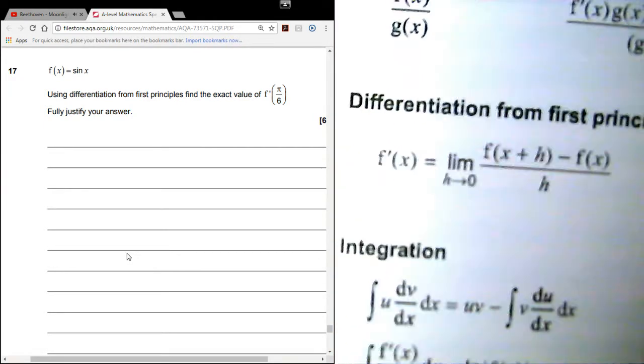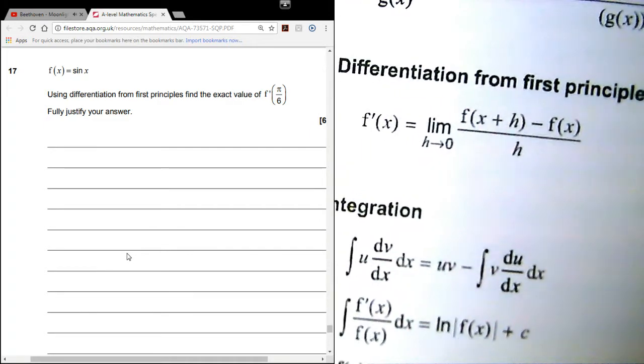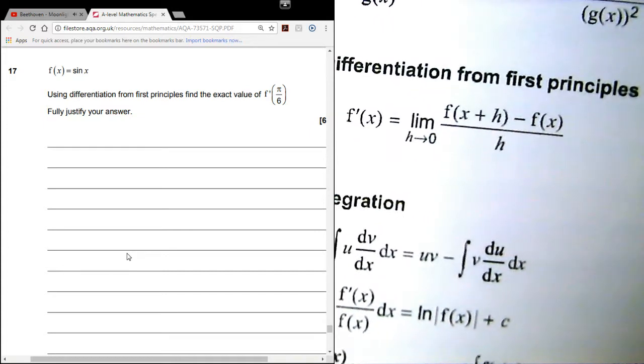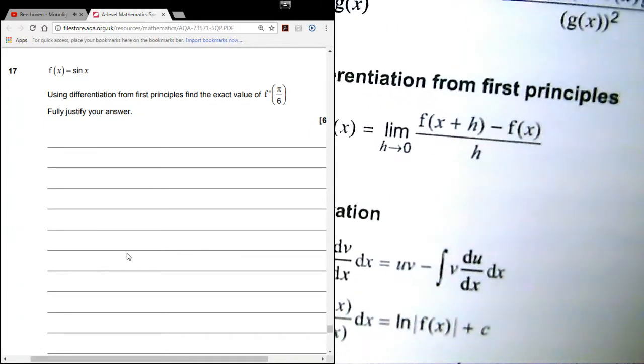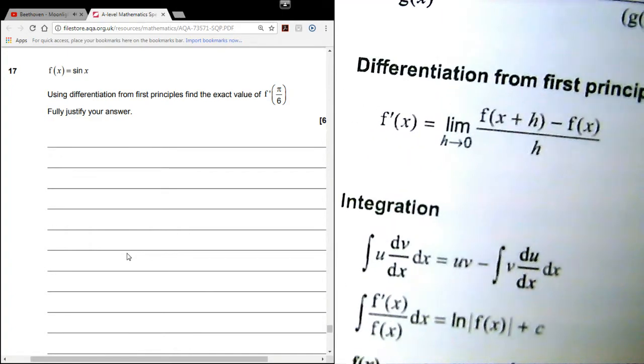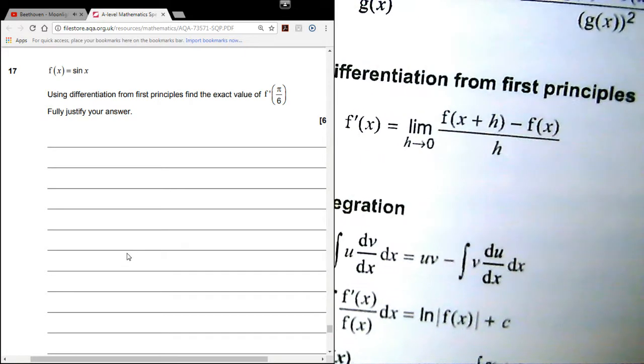Did you see that? It says f prime of x from first principle is given as the limit of f of x plus h minus f of x over h as h tends to 0. Do you see that? It's on your formula sheet on page 5. So don't get worried.